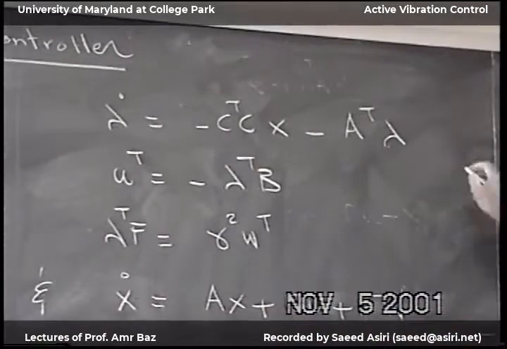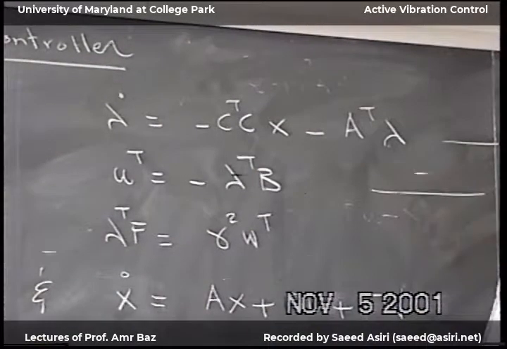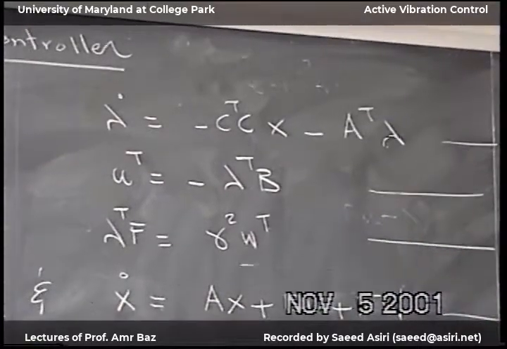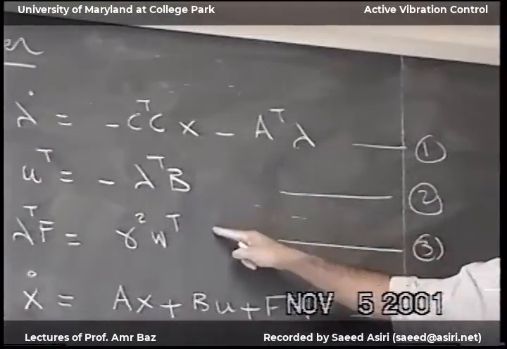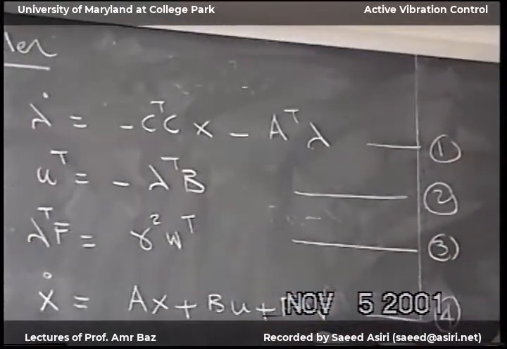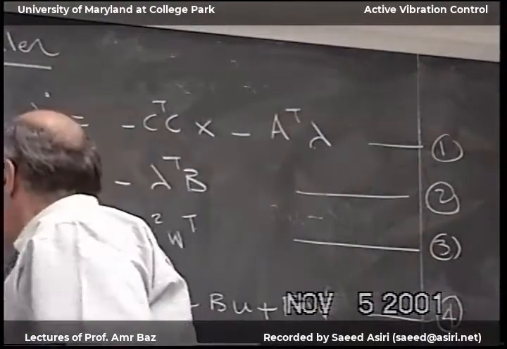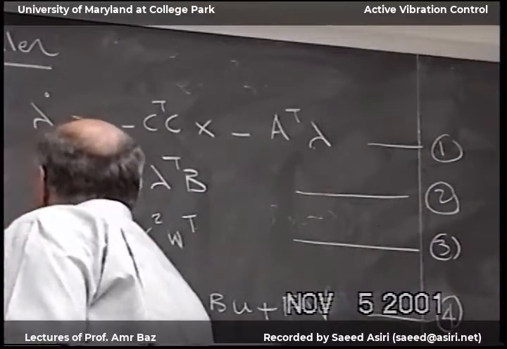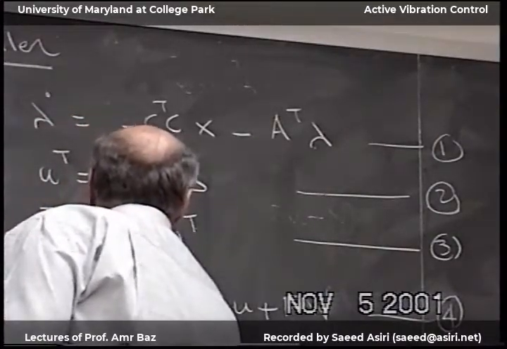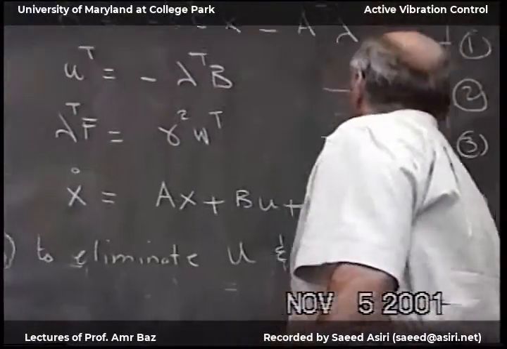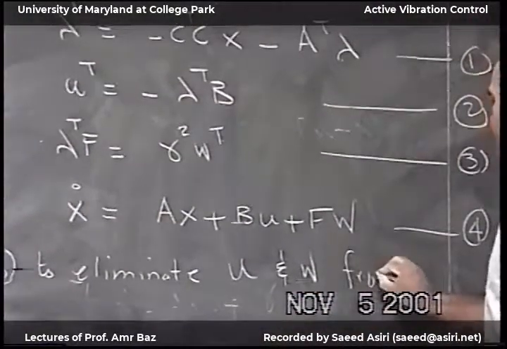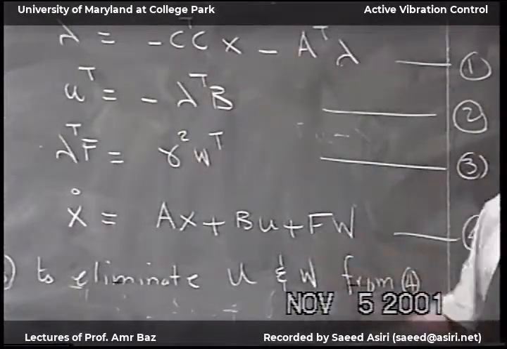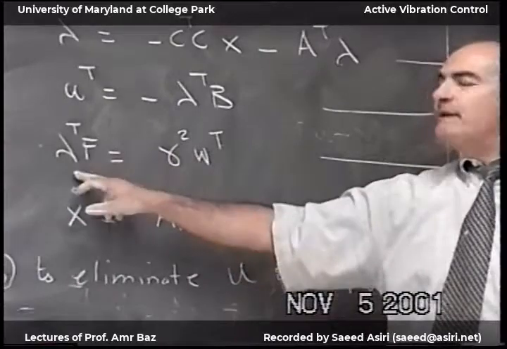I have 4 equations now: 1, 2, 3, and 4. Now I'm going to use 2 and 3 to eliminate U and W from this equation. So now the result is that the W I eliminate and replace by lambda.